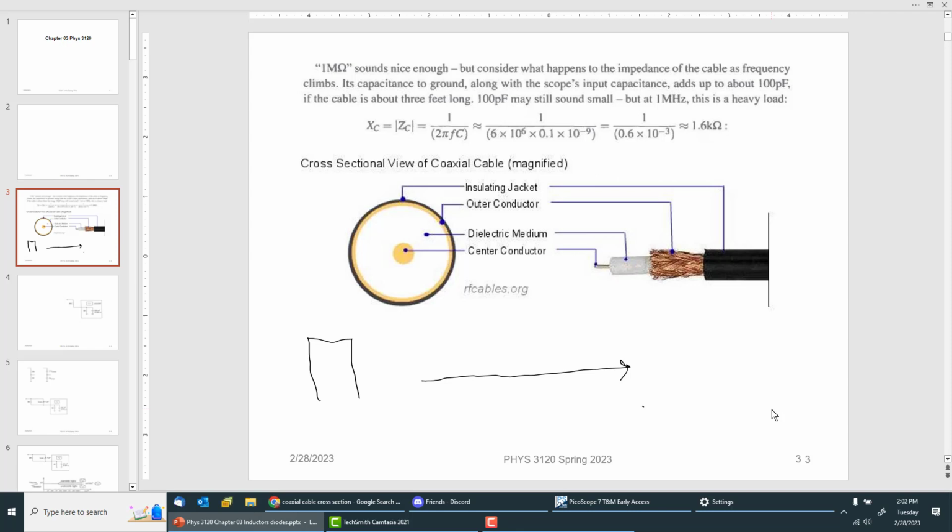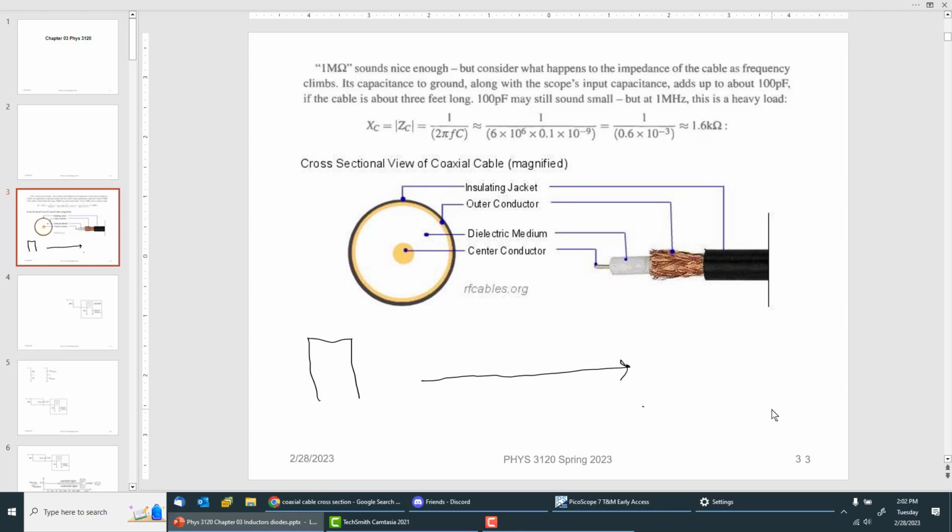And the dielectric is there, the medium that is there to keep the center conductor centered. You want to keep a reasonably constant distance. The capacitance is parasitic.